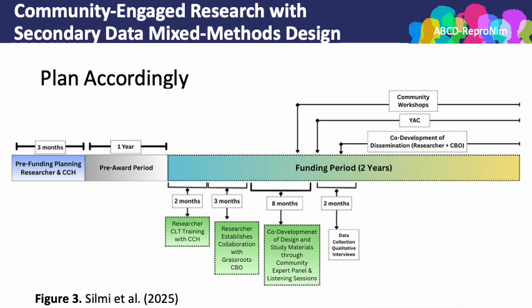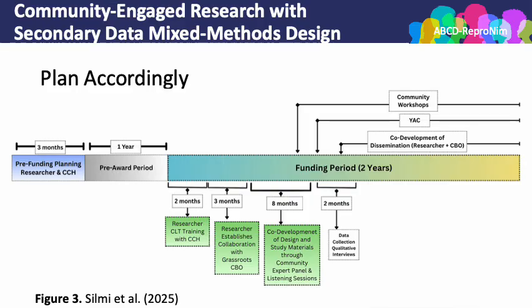So before we even put in our grant, we had started to talk to our community partner, establish a relationship, get initial feedback, maybe not as in-depth as we wanted or needed to, but at least we were able to lay down those fundamental steps that were going to be really important for us to be able to set up a study that would have a space for them on our project.